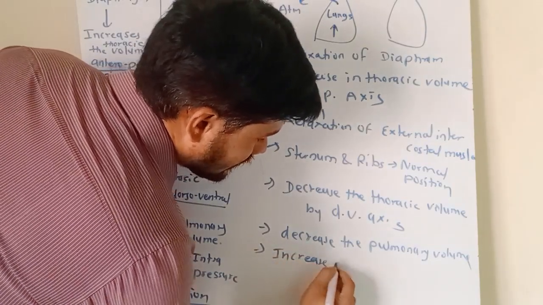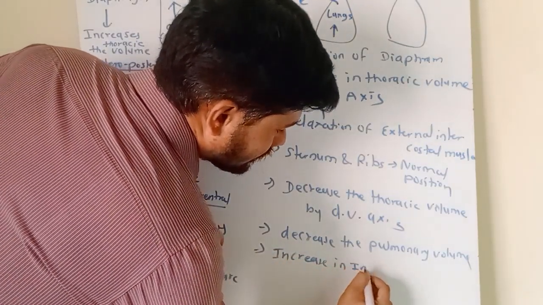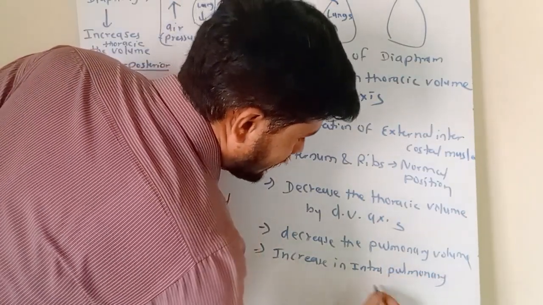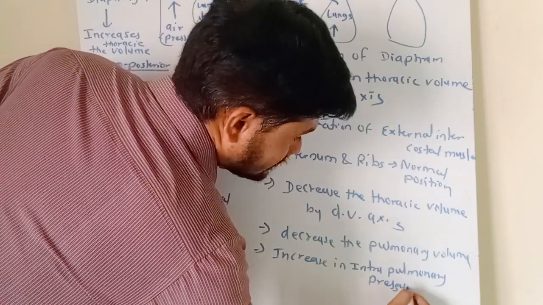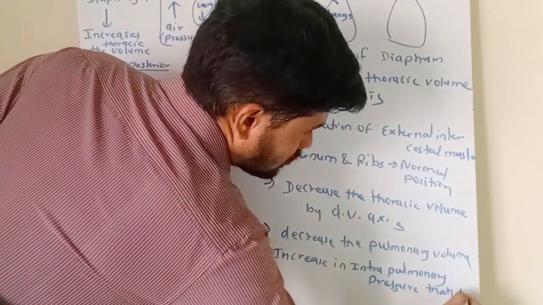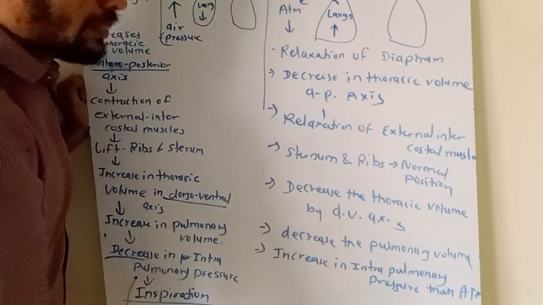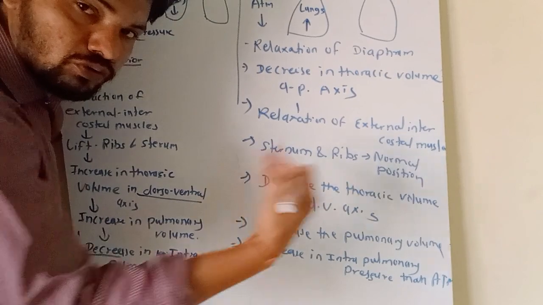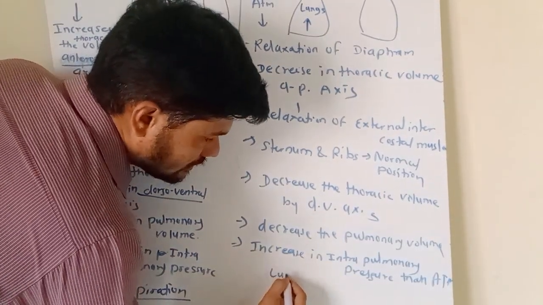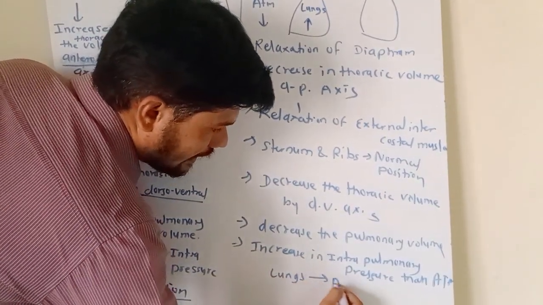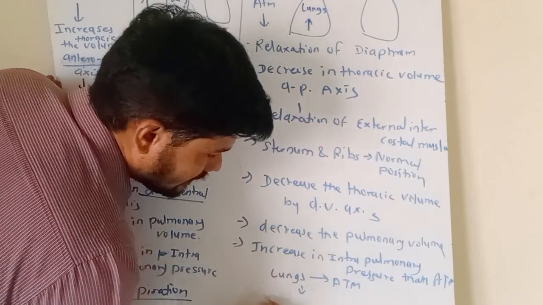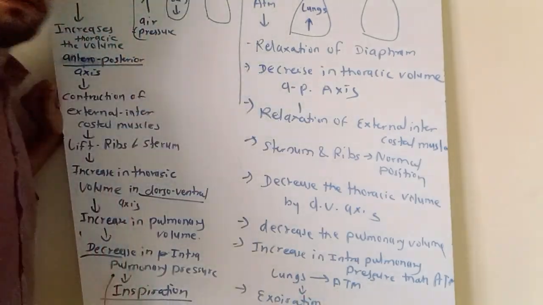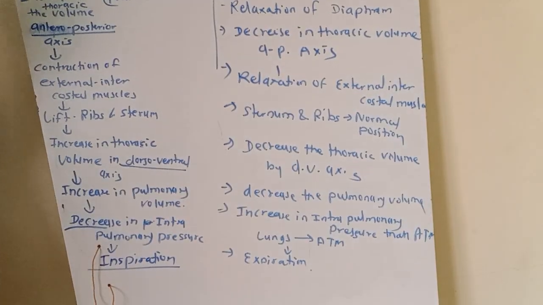There is an increase in intrapulmonary pressure compared to the atmosphere. So now the pulmonary pressure is high. What will happen? From high to low, from lungs to atmosphere, air will move from the lungs to the atmosphere, which leads to expiration.